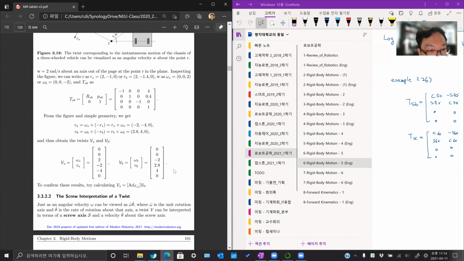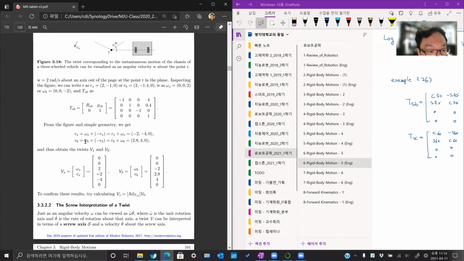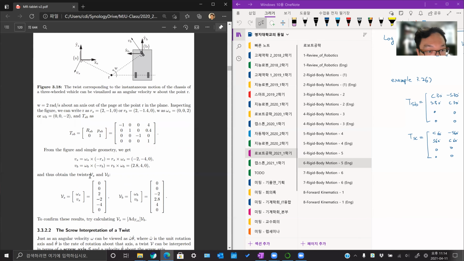What is the problem? We only know omega_S and omega_B. So in this problem, we can calculate V_S and V_B. When we calculate V_S, it is R_S cross product omega_S.